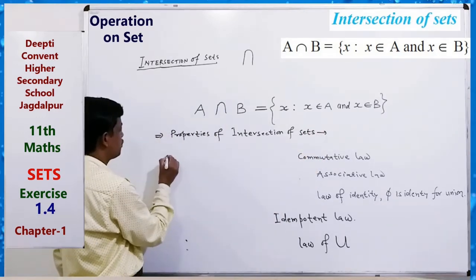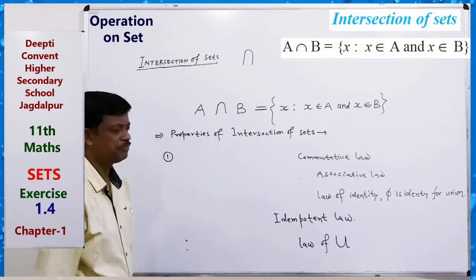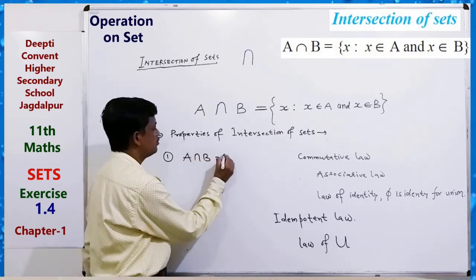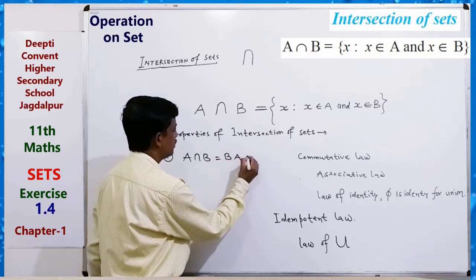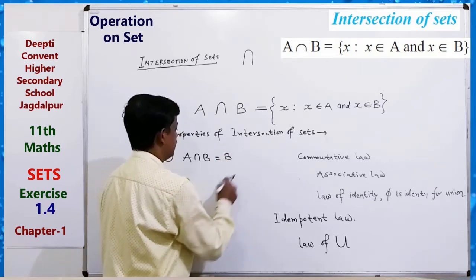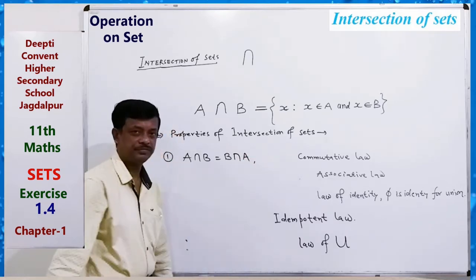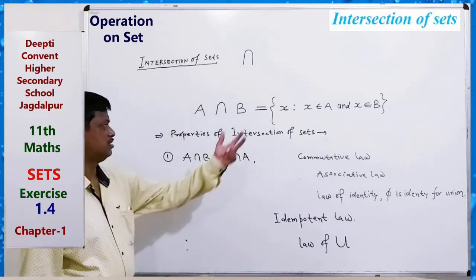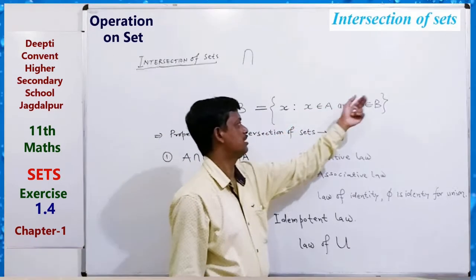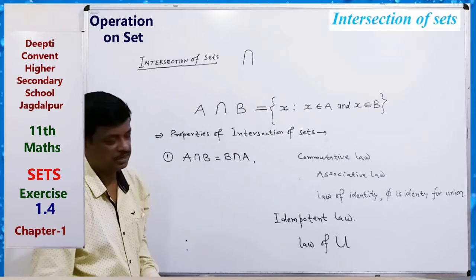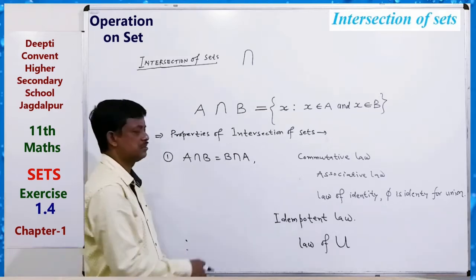We can write the first property the same way: A intersection B equals B intersection A. Commutative law. Because you can take X belongs to A and X belongs to B, or X belongs to B and X belongs to A. That is, A intersection B and B intersection A are equal.